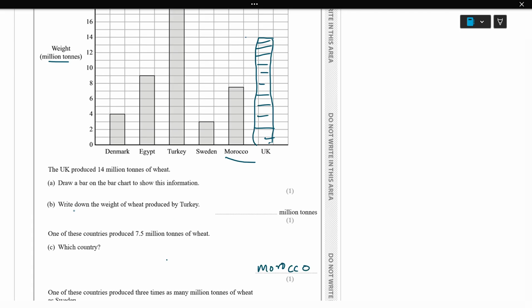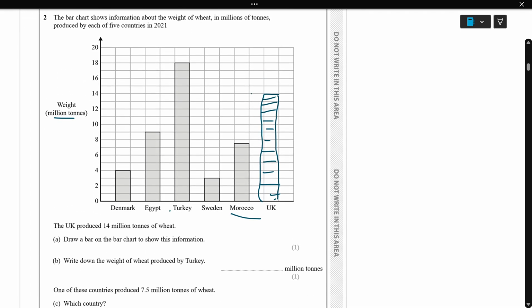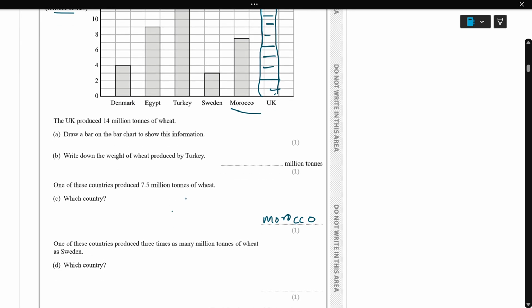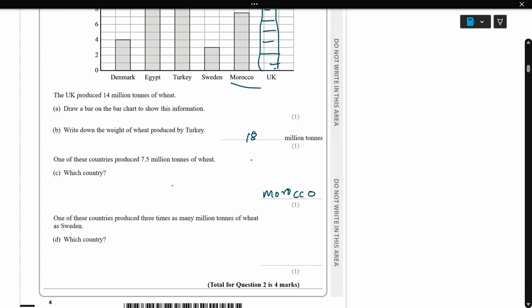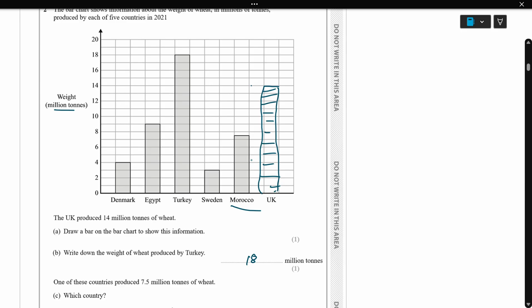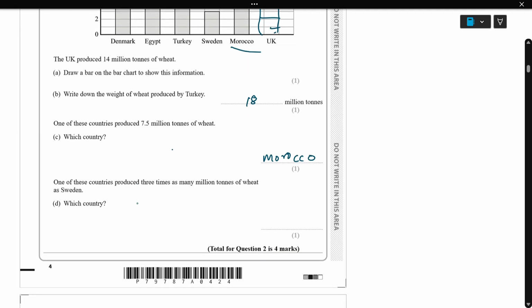I missed one question: write down the weight of wheat produced in Turkey, which is 18 million. Next, one of the countries produced 3 times as much wheat as Sweden. Sweden is 3, so 3 times 3 is 9. So 9 is going to be Egypt.